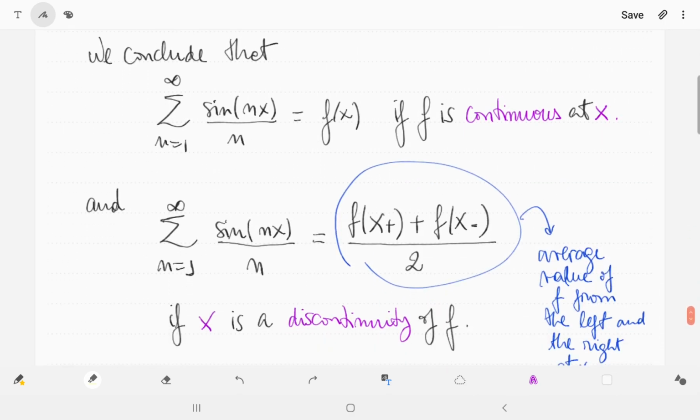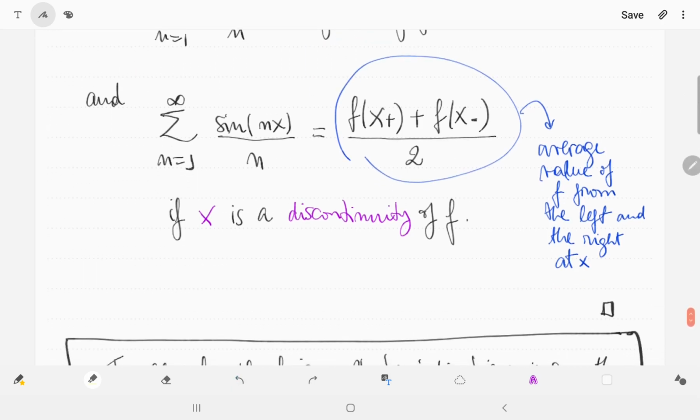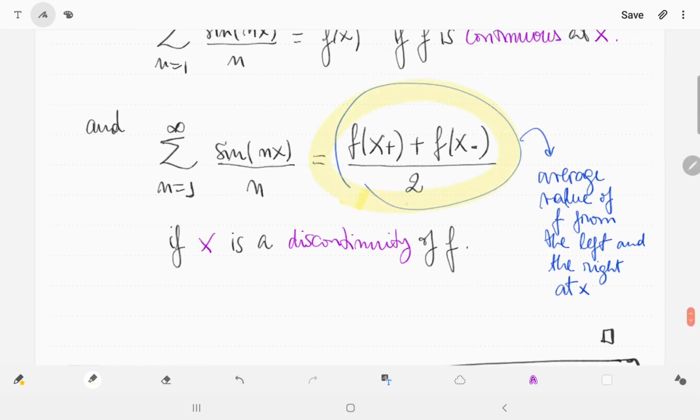So here is the conclusion for the example. The Fourier series representation is exactly f of x for all points where f is continuous, and is not f, but is nice because it's the average of the left and right limits at x, where x is a discontinuity point of f.